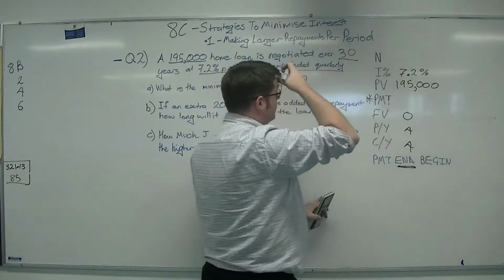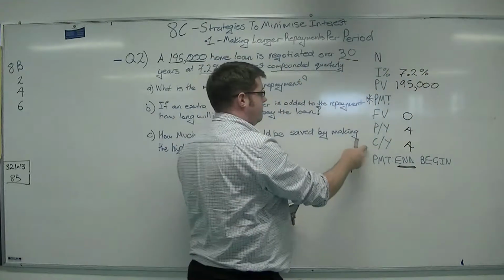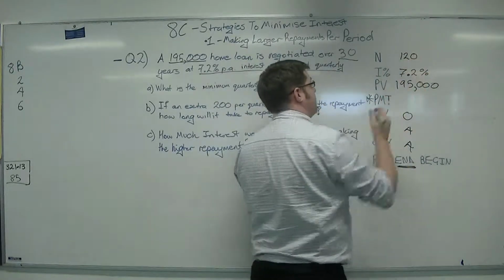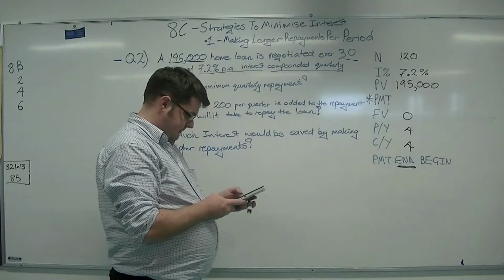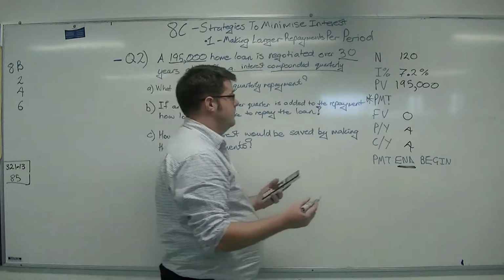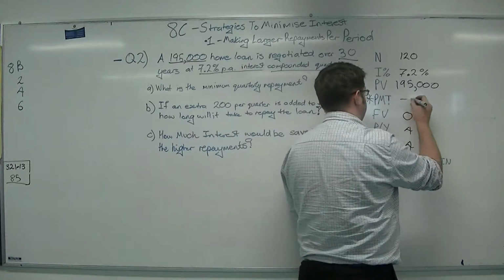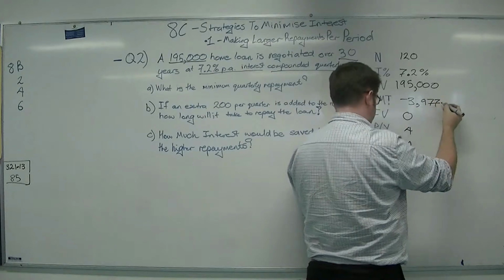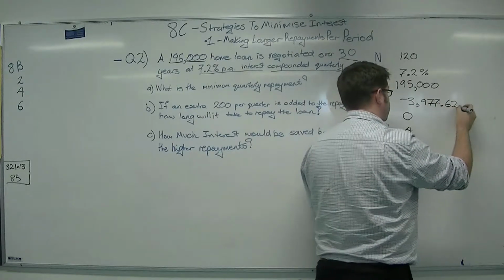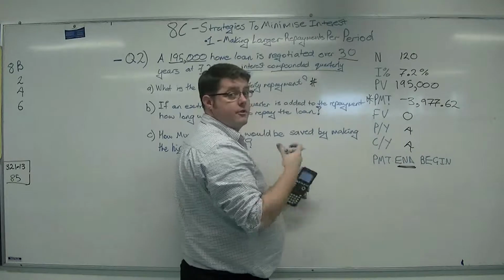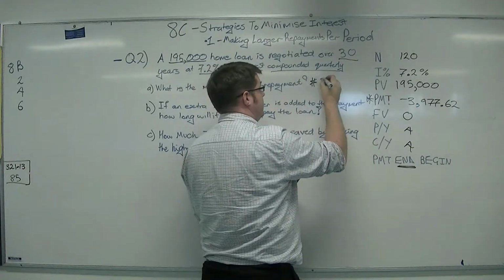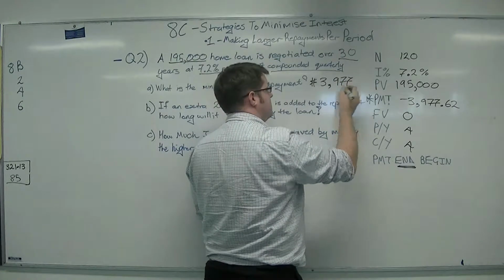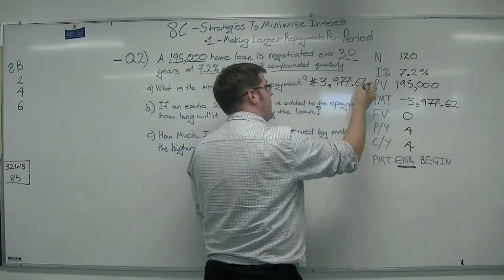The number of terms is 30 years times 4 quarters, which is 120. If we solve for our payment value, we should end up with minus $3,977.62. So the minimum amount we have to pay is $3,977.62.